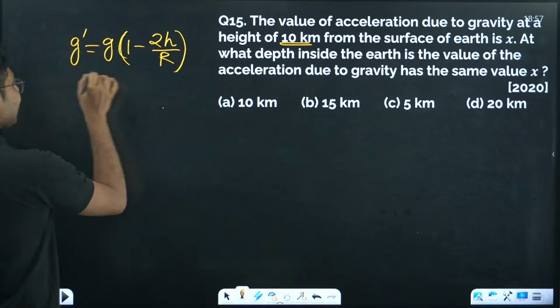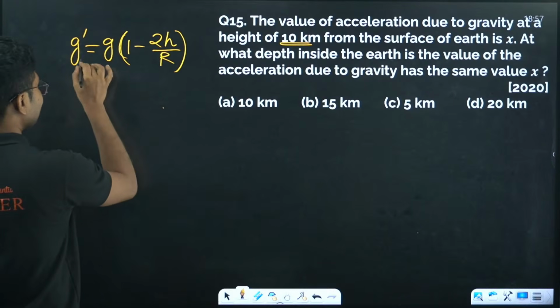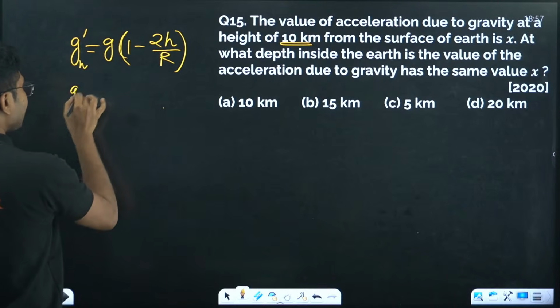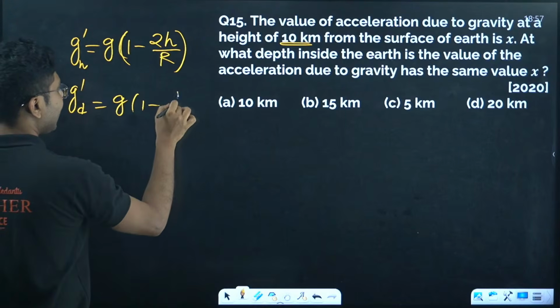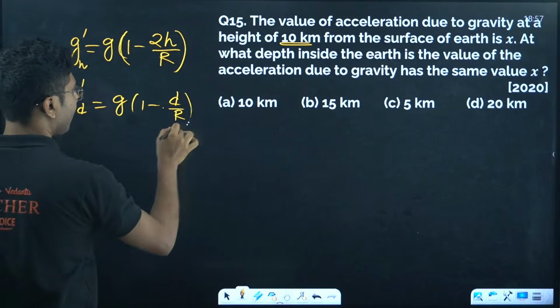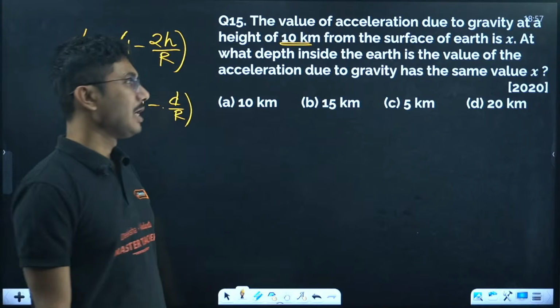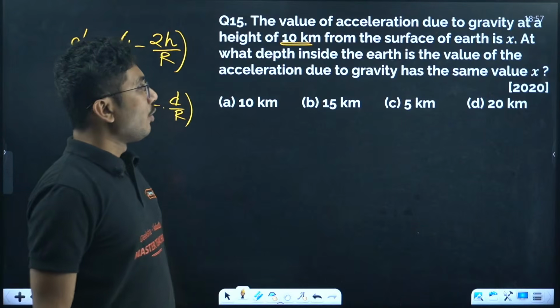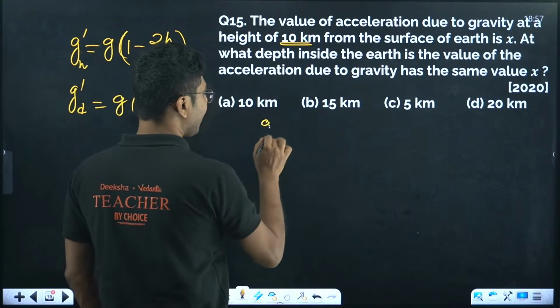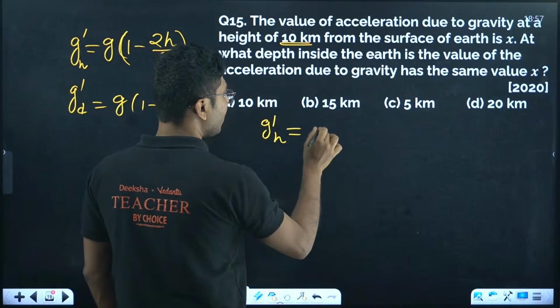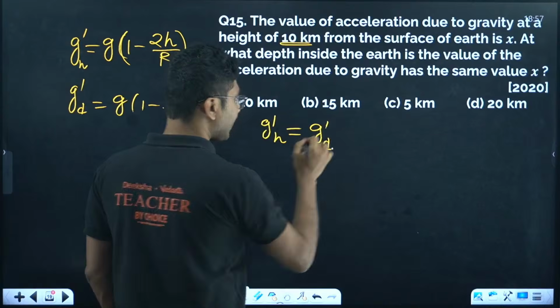So gravitational acceleration at a height is given by this. Gravitational acceleration at a depth is given by g into 1 minus d upon r. Now it says that where the values will be same, means gravitational acceleration at a height will be same as gravitational acceleration at a depth.